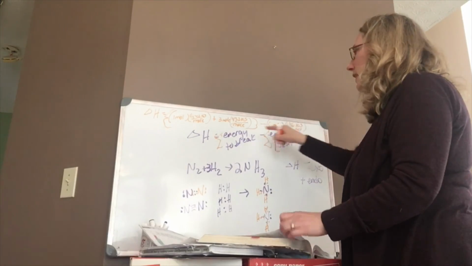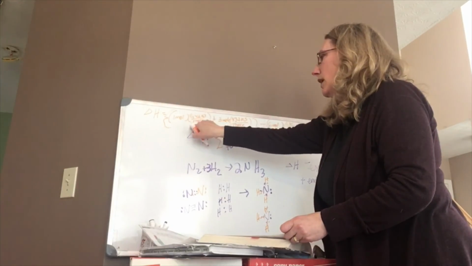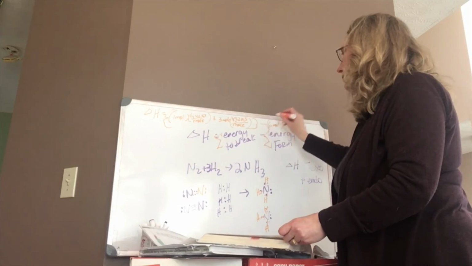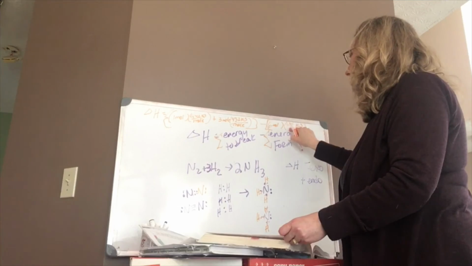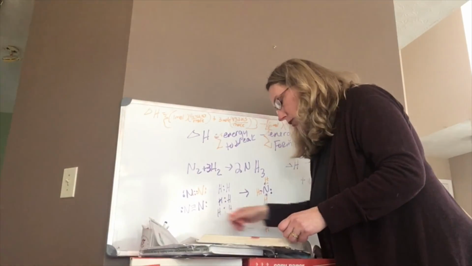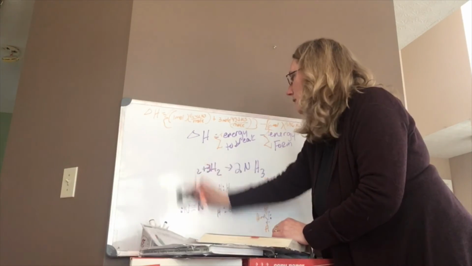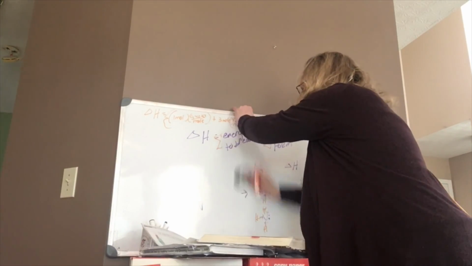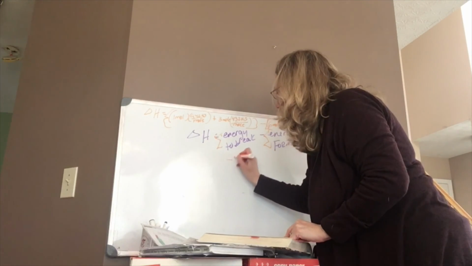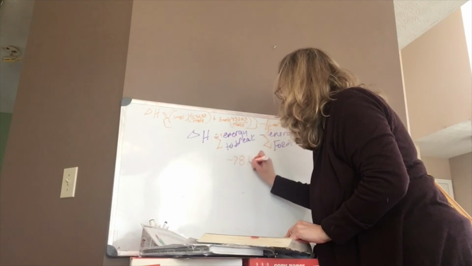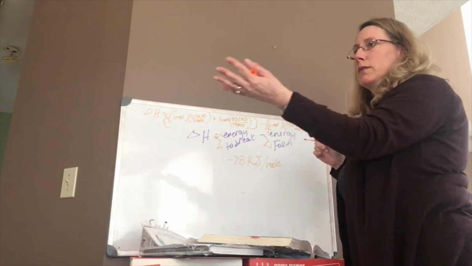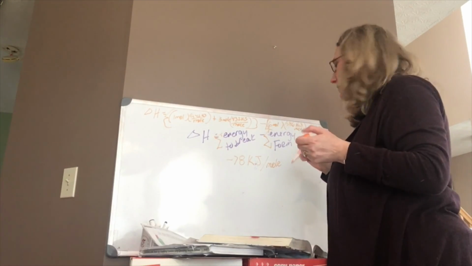Okay? And then you're going to take 1 times 942 plus 3 times 436 minus parentheses 6 times 386. And you're going to have to see, do you have a positive or a negative number? You put that into your calculator and you're going to get, hopefully, negative 78 kilojoules per mole, which is the form that we had in our lab today.